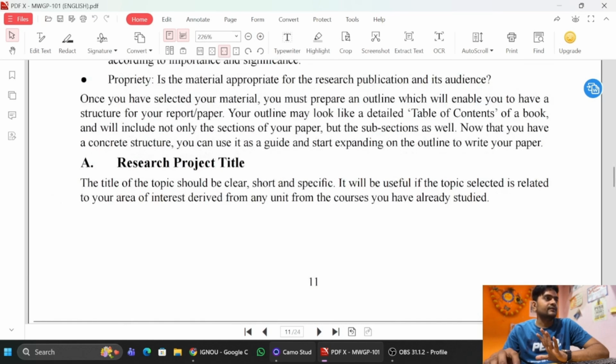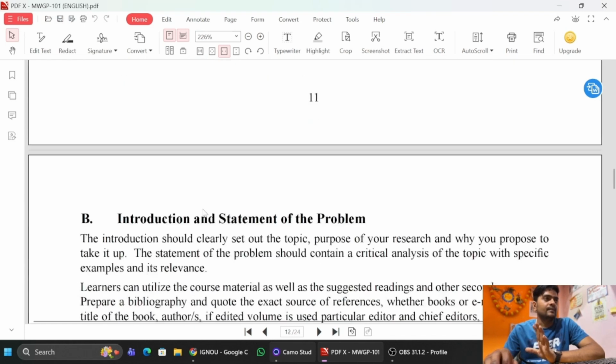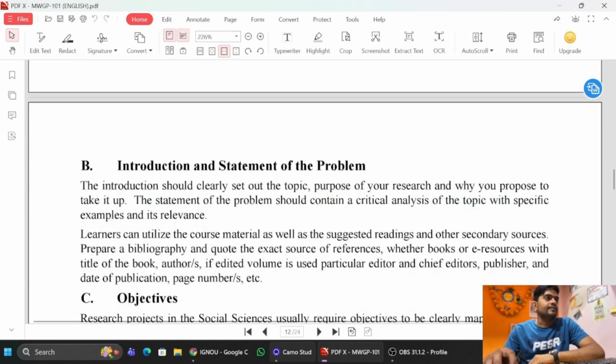The very first thing is the research project title. I already told you how to select the title of your project. The title of the topic should be clear, short and specific. It will be useful if the topic selected is related to your area of interest, derived from any unit from the course you have already studied. So while selecting your title, you have to take care of this.